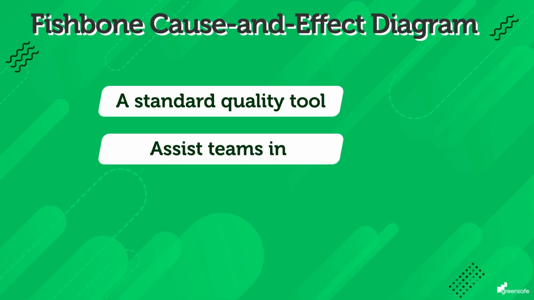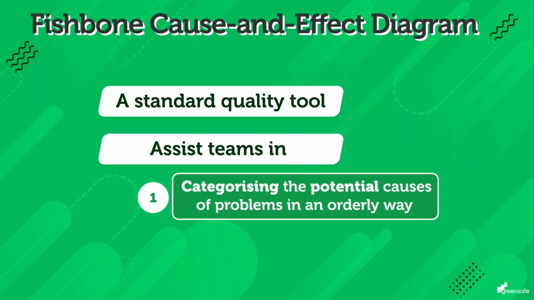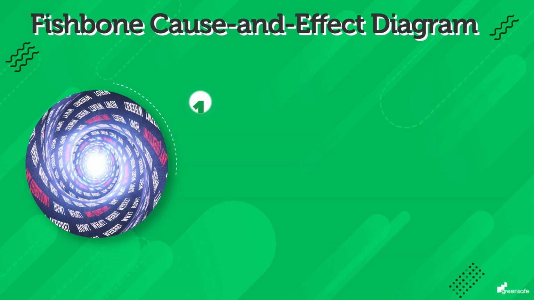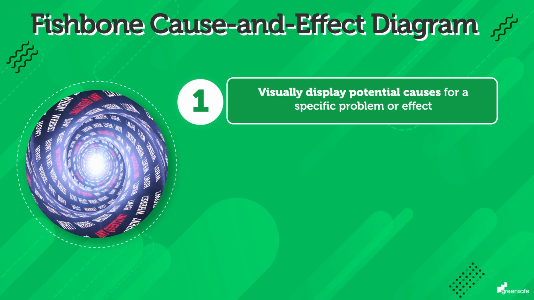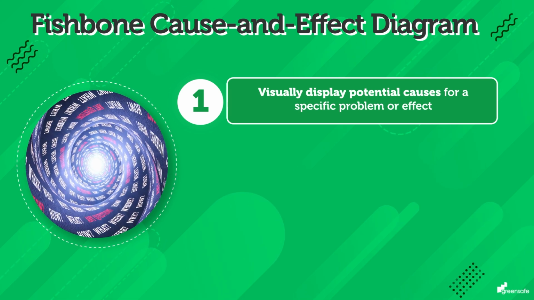The value of the fishbone diagram lies in assisting teams in 2 things. 1. Categorizing the many potential causes of problems or issues in an orderly way. And 2. In identifying root causes. The fishbone diagram helps to visually display the many potential causes for a specific problem or effect.